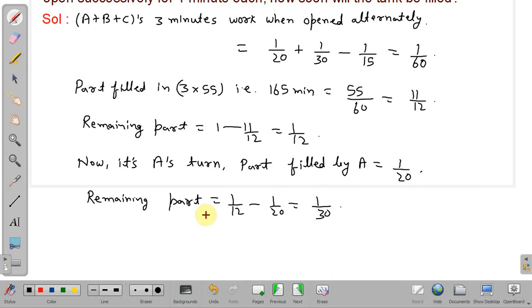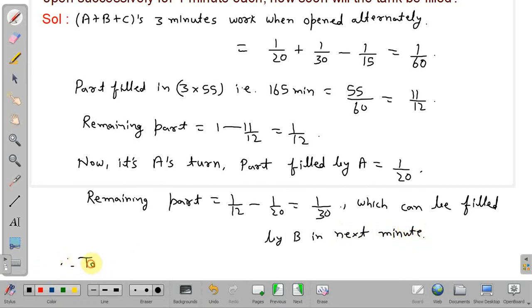So in the next minute B can fill the tank.